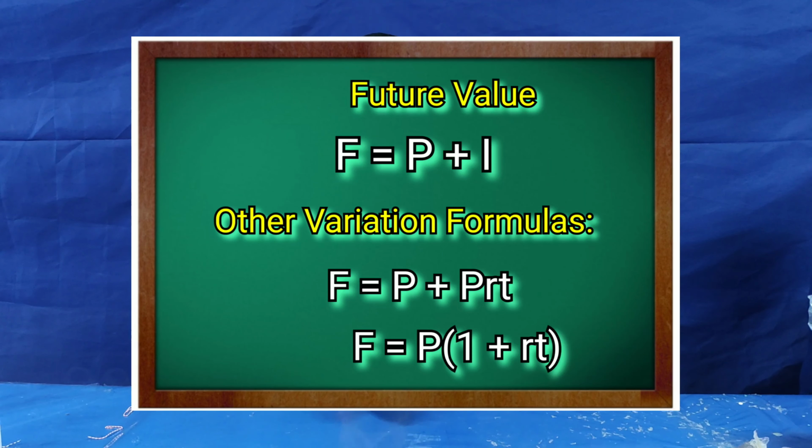M is equal to, or F is equal to, P plus PRT. That is one formula in getting the future value or the maturity value. So, for us not to be confused, class, let's just focus on the future value. So, F is equal to P plus PRT, or the other formula is F is equal to P times the quantity of 1 plus RT.